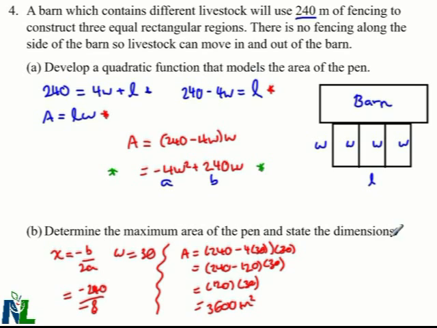And the dimensions, I can use my formula up here to get. I know my width is 30 meters, and I know that the length, using this expression here, length times width, my length is 120 meters.